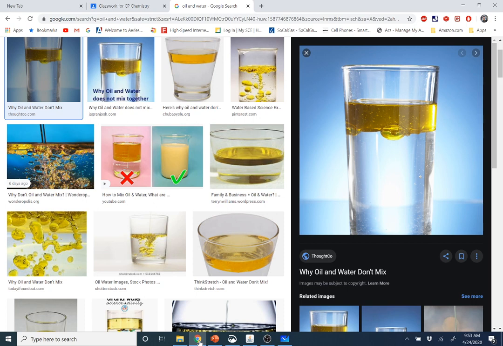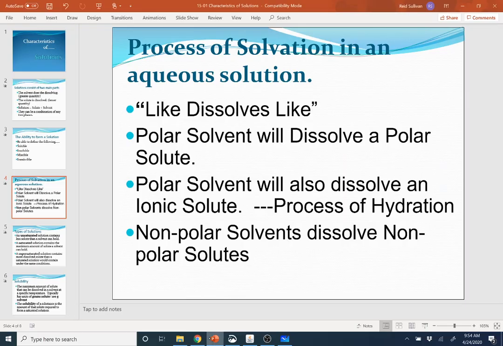And that's what's happening here. And then if you wanted to, you could do what's called an emulsion, where you could whip that together and make the little bubbles so small that they don't have the energy to push each other around. And that's what we get when we make things like mayonnaise and other such condiments. So that's called immiscible.